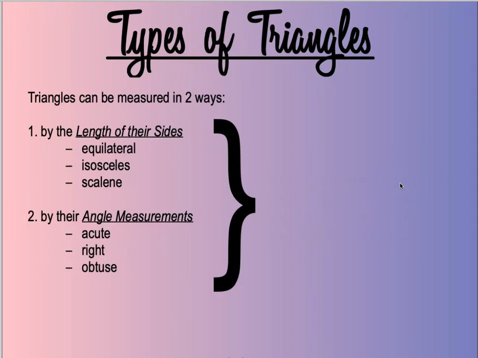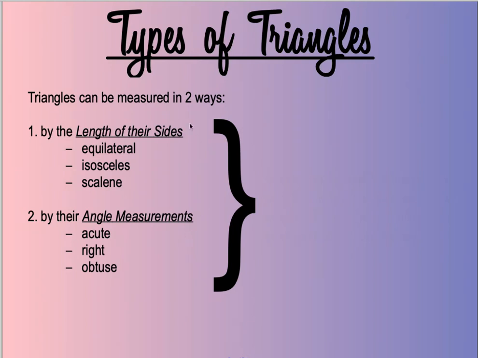So when we talk about types of triangles, it's important to know that there are two ways that we classify them. The first one is by the length of the sides, and we get these three names: equilateral, isosceles, and scalene. Then the second way that we can classify them is through their angle measurements: acute, right, and obtuse. Now, I have these numbered 1 and 2, and that's not that important.